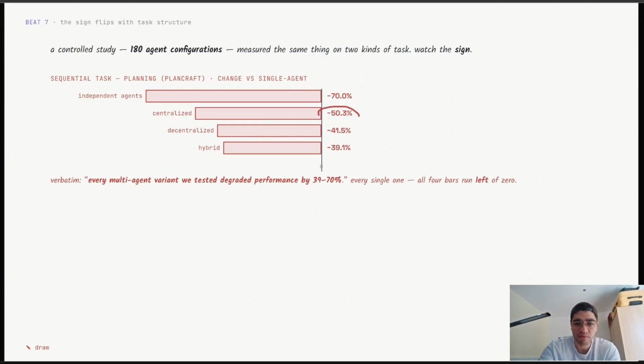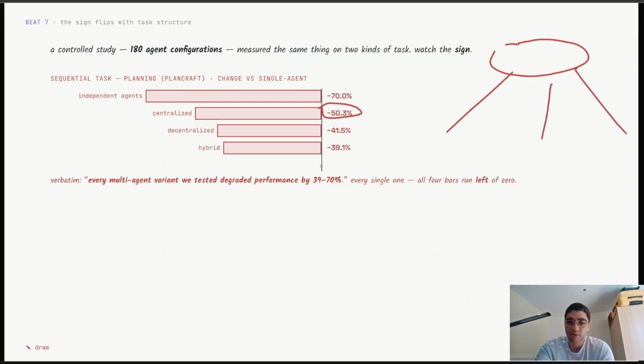Let's say we have a multi-agent system again, and the baseline here is a single agent, okay? Centralized, which means that you have a single agent on top, and then it's splitting different actions. We're still getting minus 50.3% compared to the performance of the baseline agent.